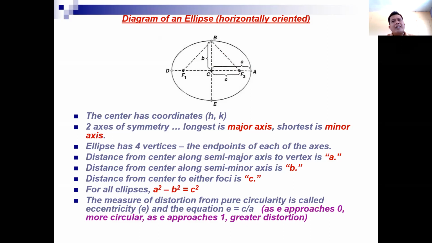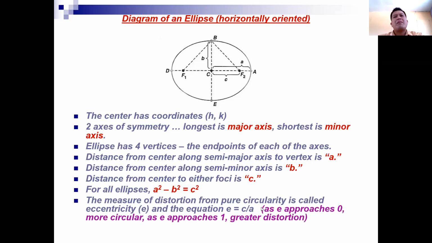As E approaches 1, the distortion gets flatter. And exactly if E equals 1, the graph looks like a line. But as E approaches 0, this is going to become more circular. If E is equal to 0, the graph turns to be a circle. Your ellipse will become a circle.